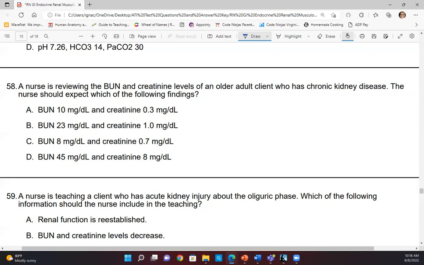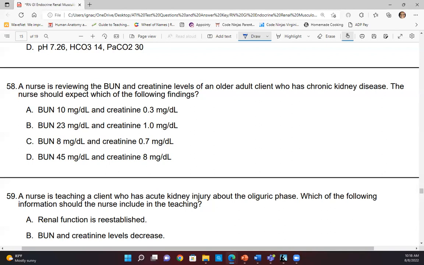For females, the normal serum creatinine is 0.5 to 1.1 milligrams per deciliter.